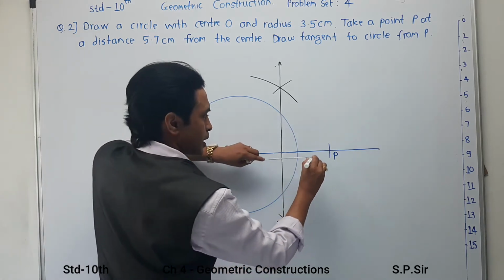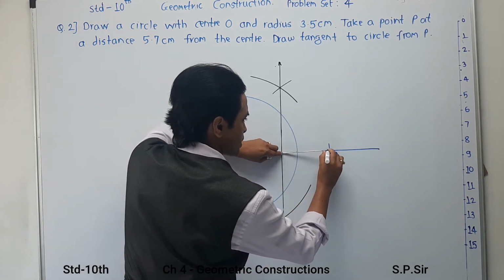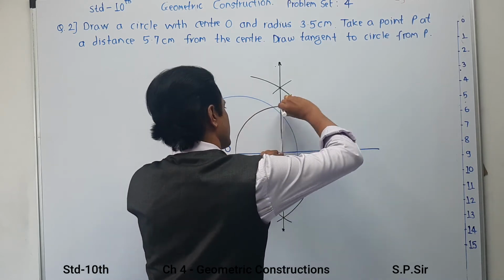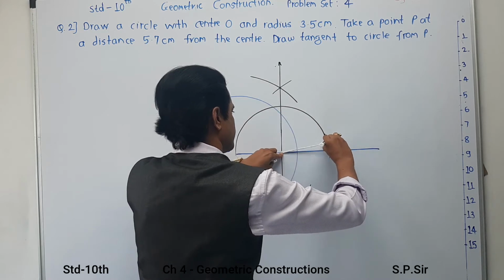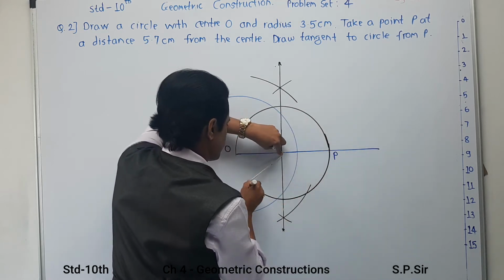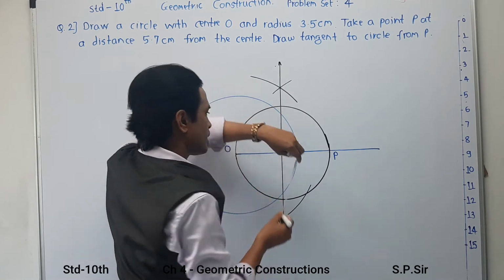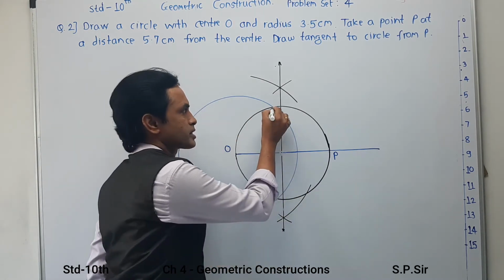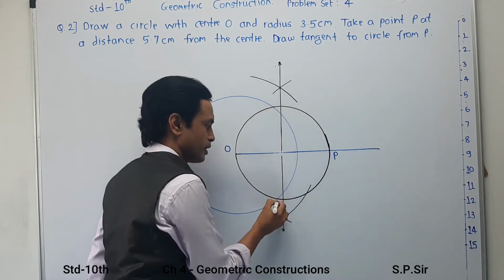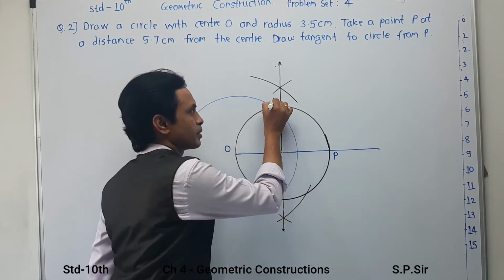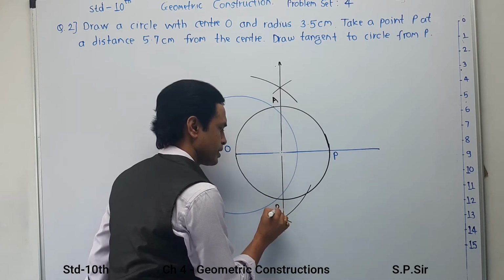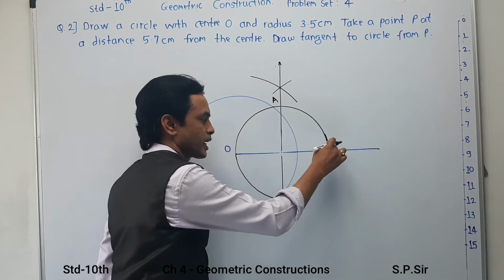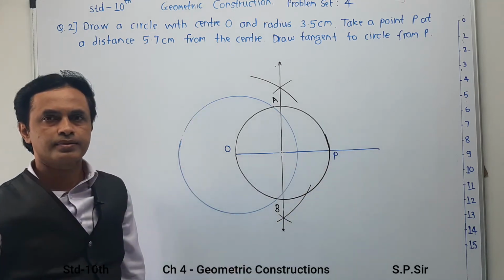Please pay attention. Here I am going to fix the point and draw the circle passing through P as well as O. Now remember, this circle with the center point that you have drawn touches the original circle at two different points over here, and those are point A and point B. And now we have to draw the tangents, where PA is one tangent and PB is another tangent.